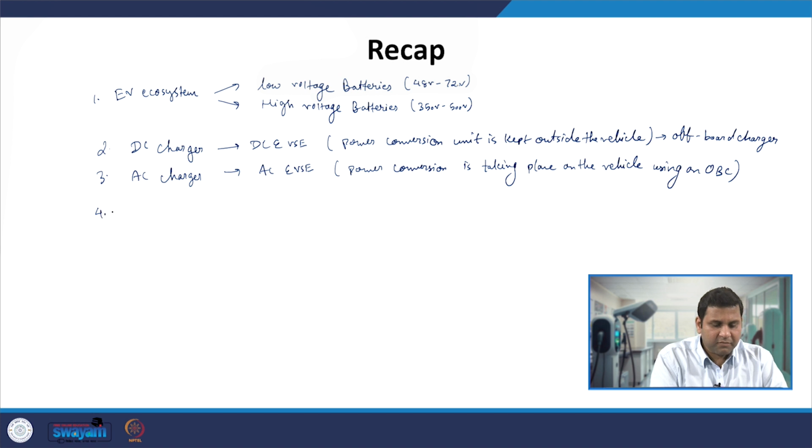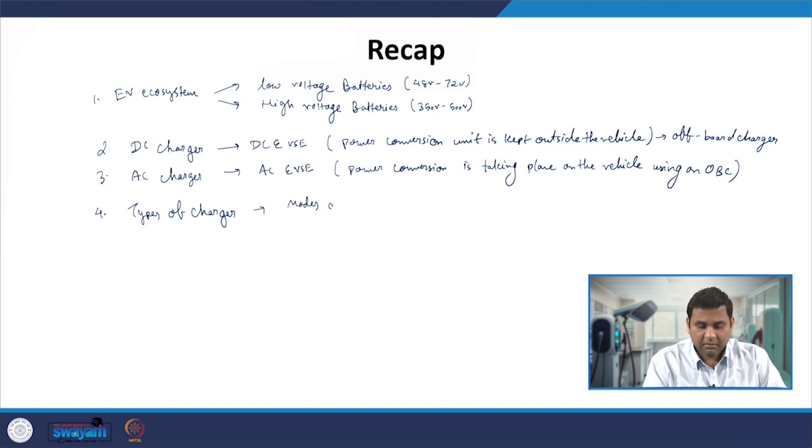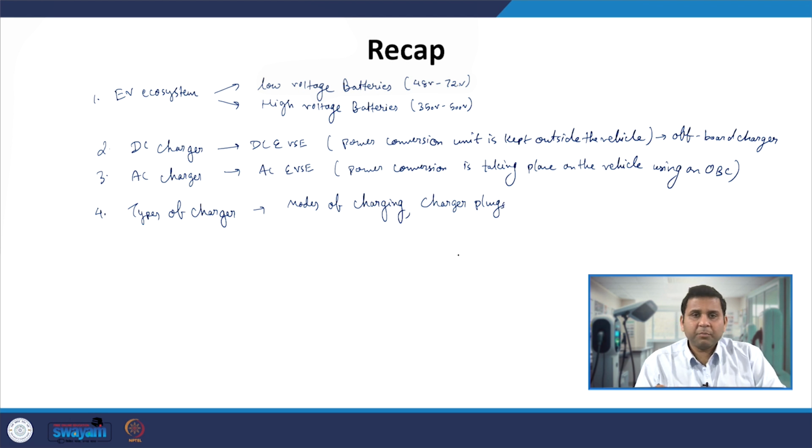Then after that, we have seen different types of chargers which are there in the ecosystem. We have seen different modes of charging. We have also seen different charger plugs or vehicle inlet connectors which are used in different parts of the world.